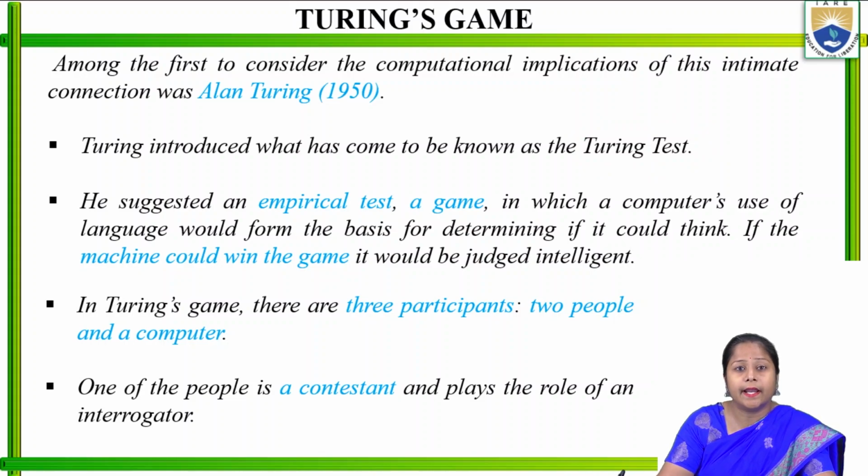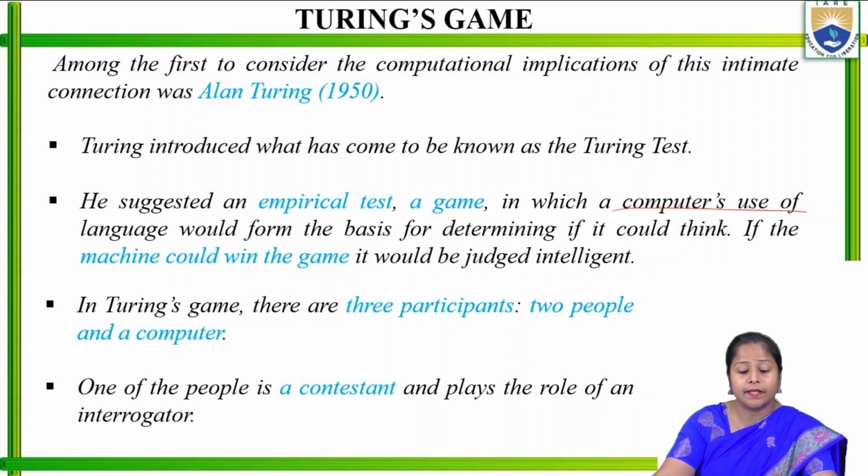He suggested an empirical test in which, in a game, the computer's use of language would be the basis for determining whether it could think. The computer can understand that players are playing the game, and suppose a machine is playing the game.